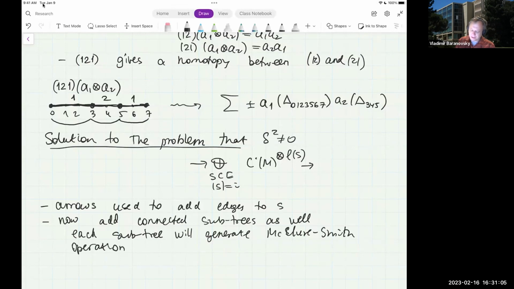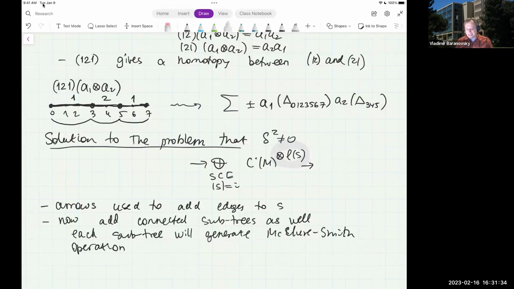What used to be the case is when we are adding an edge, this tensor power decreases by 1, because we're taking two tensor factors and just multiplying them as cochains, and so the result lands in a tensor product of the previous degree minus 1.